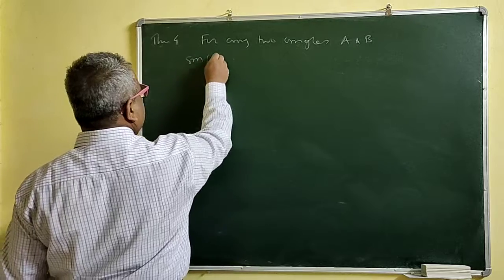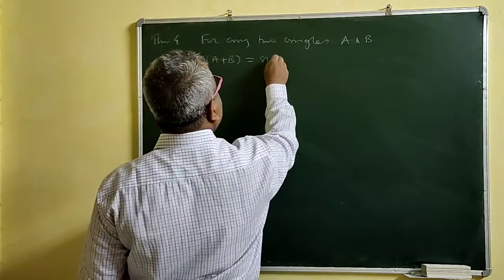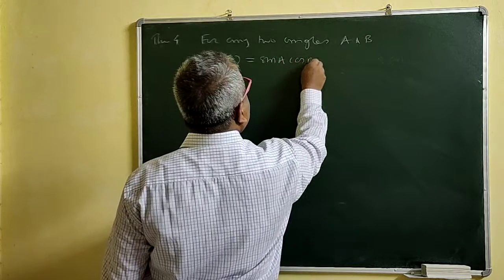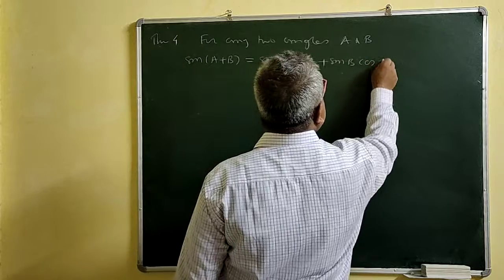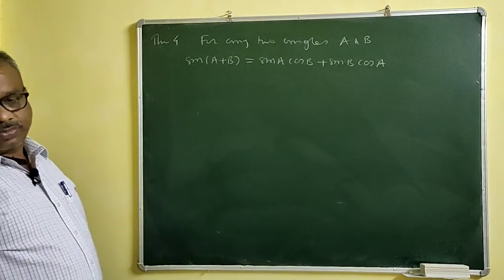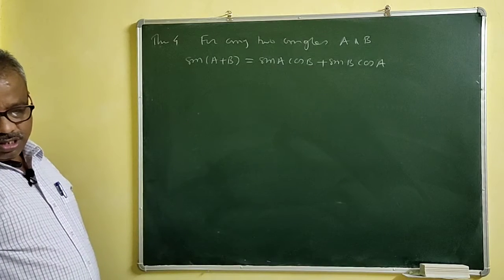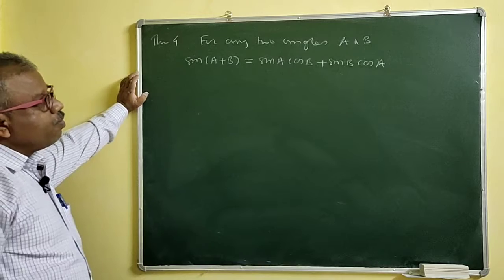So sin of A plus B is equal to sin A cos B plus sin B cos A. Right? Remember this as a formula. Don't forget this.